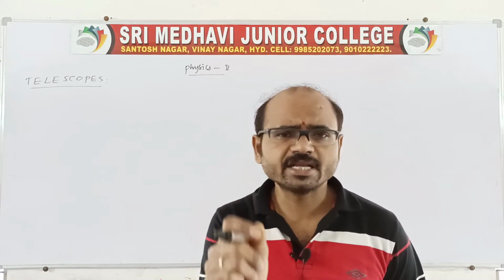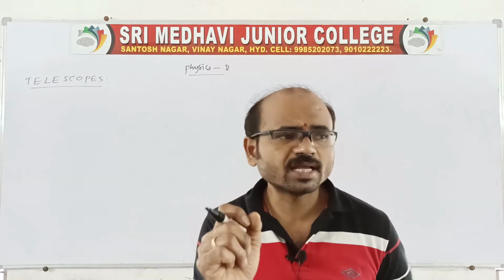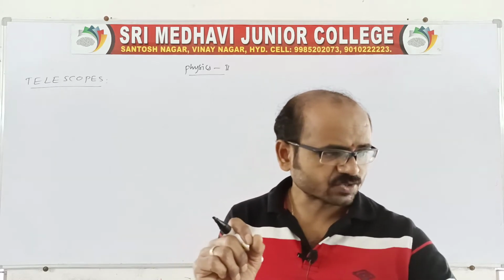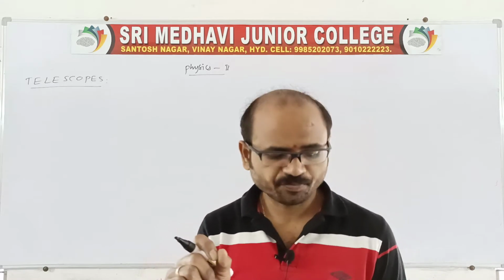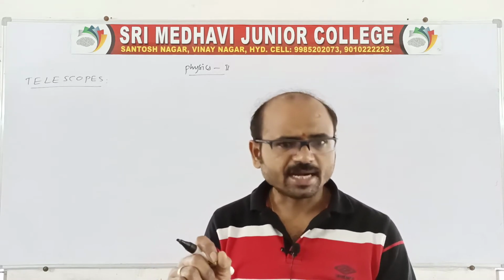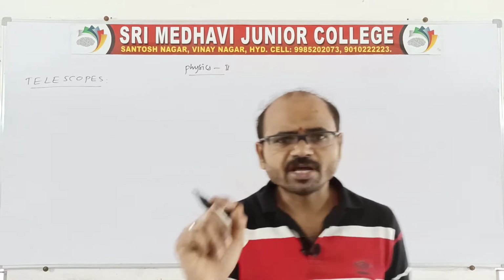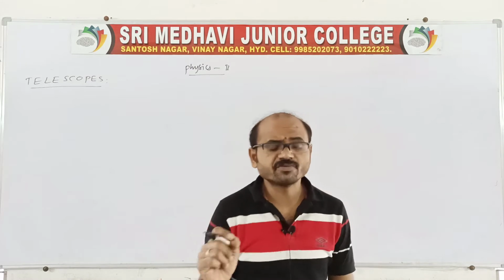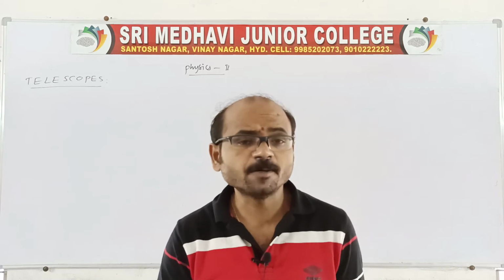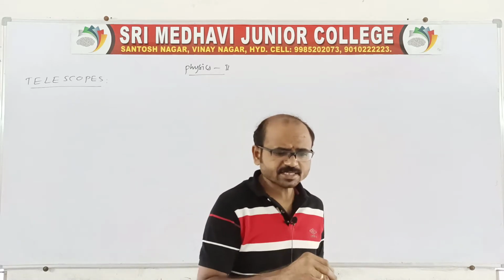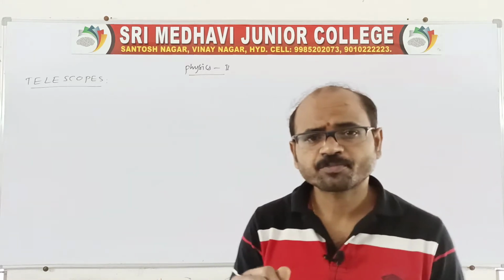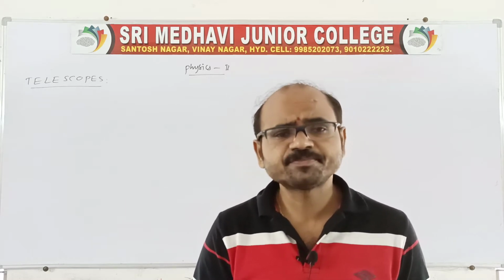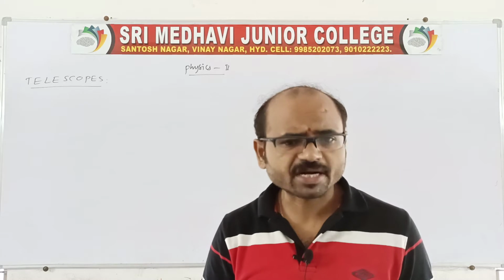If we are using lenses in a telescope, that type is called a refracting telescope. Another type is if we are using mirrors. A mirror is called a reflecting telescope, because a mirror always gets reflections, not refractions. Whereas if we use lenses, we get refraction.